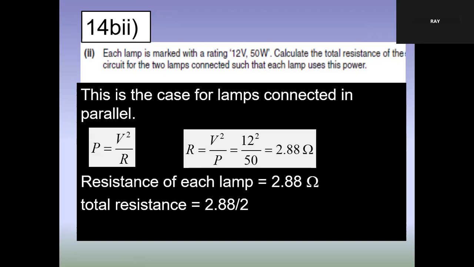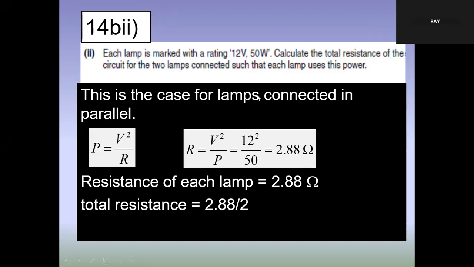Oh, okay, sorry. Oh yeah, they're looking for resistance. They ask you to calculate the total resistance of the circuit for the two lamps connected such that each lamp uses this power. Oh yeah, that also can.